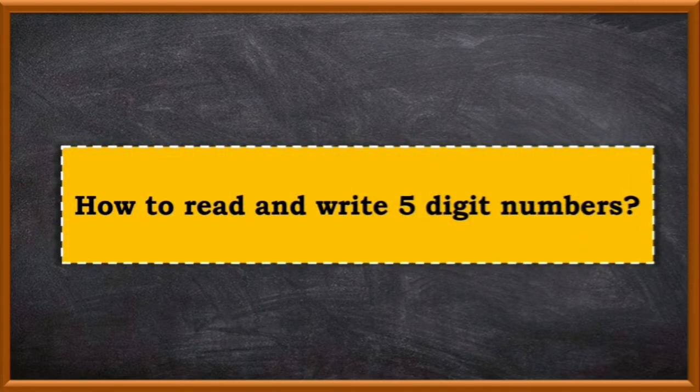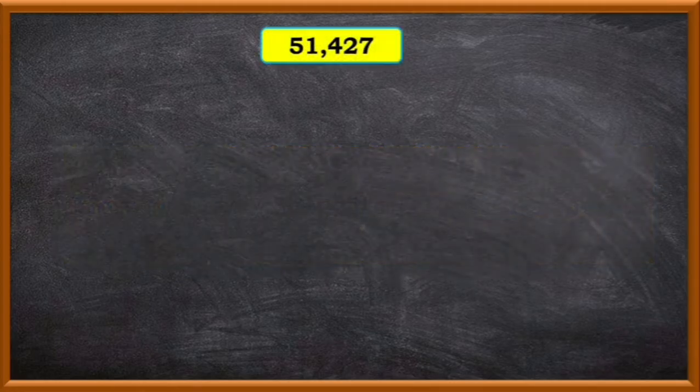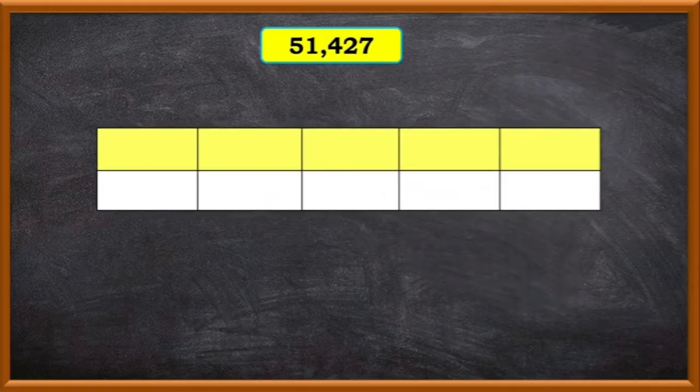Now let us learn how to read and write 5-digit numbers using the place value chart. Let us read this number 51427. So to read this number, we will arrange this number in place value chart. This is 10,000s place, thousands place, hundreds place, tens place and units place.